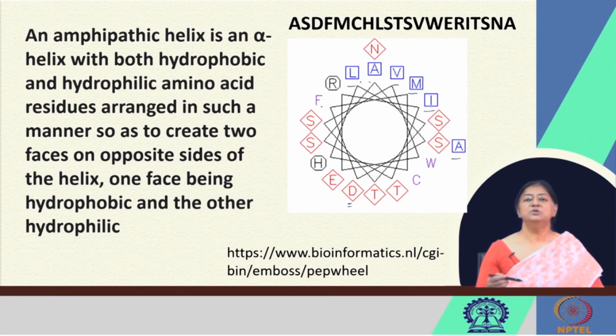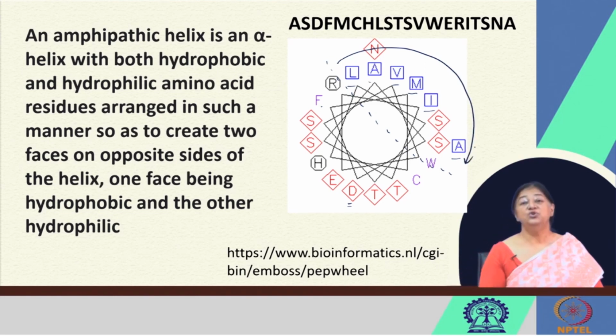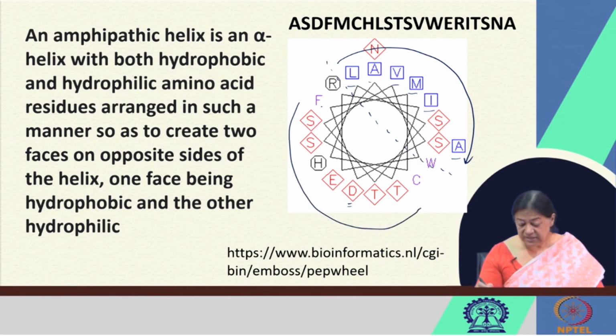We see some sort of a pattern in the sense that if we draw a dotted line along, say, somewhere around here, this part is hydrophobic in nature and this part is relatively hydrophilic in nature. So, what would we expect if this helix were part of a protein?